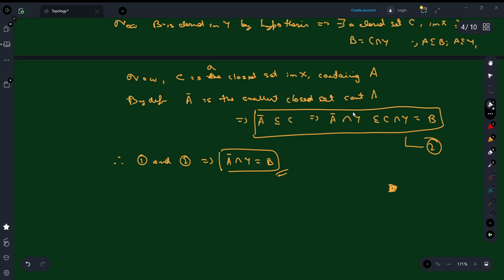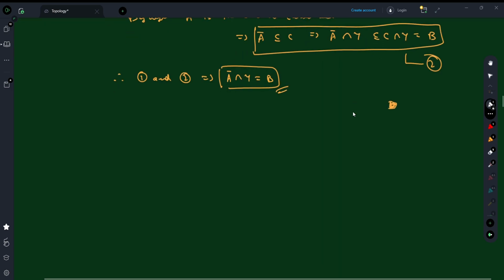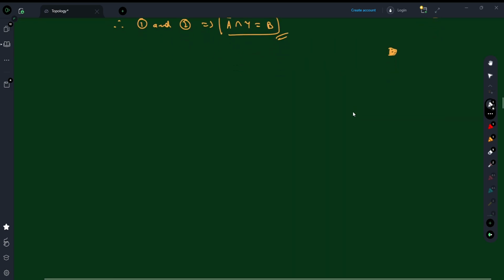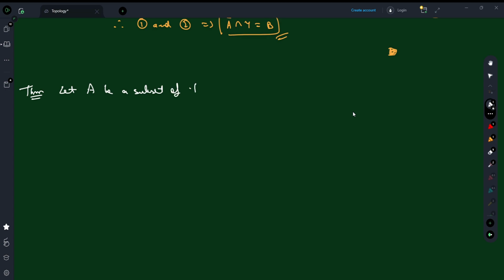The next theorem is pretty important from the point of view of the definition we had studied in terms of arbitrary metric spaces. The theorem says: let A be a subset of the topological space (X, tau).